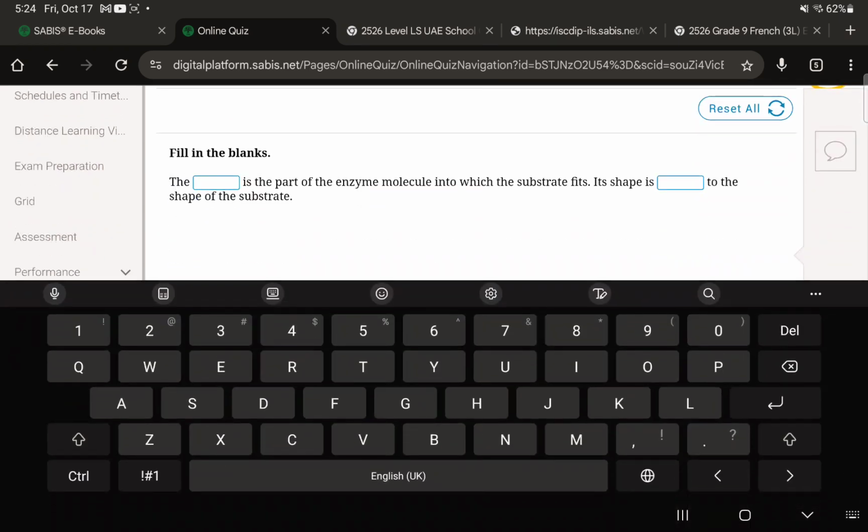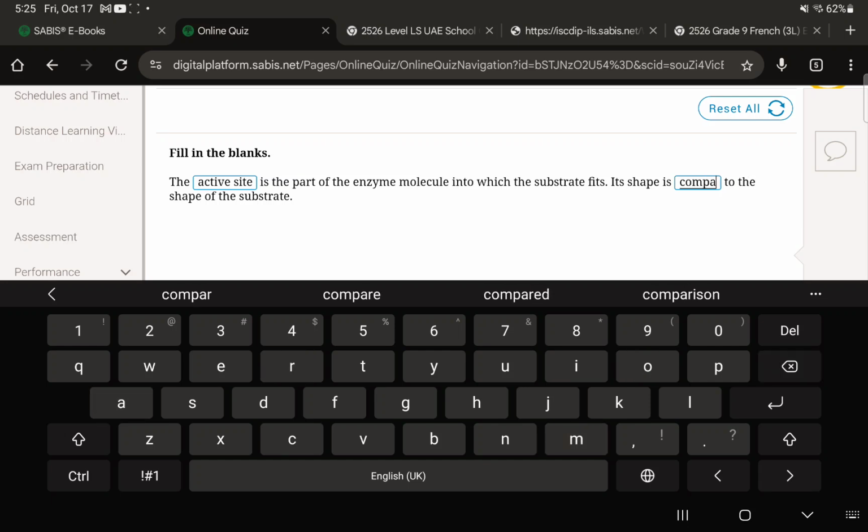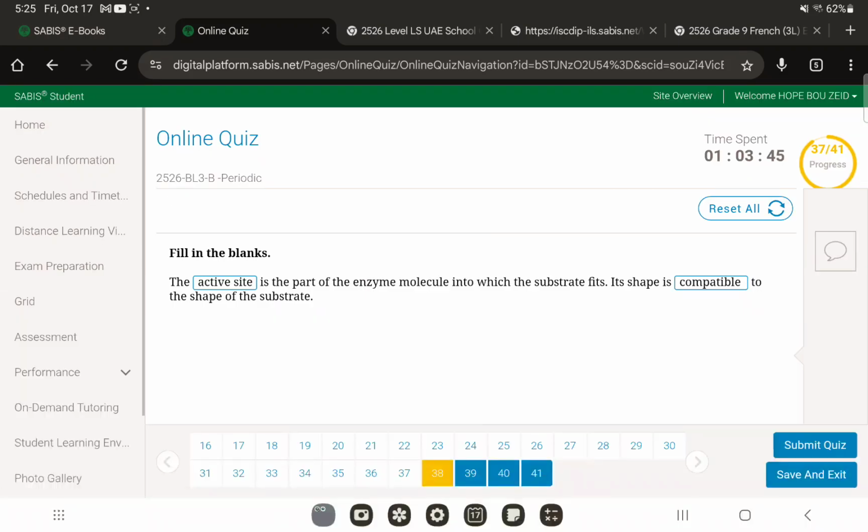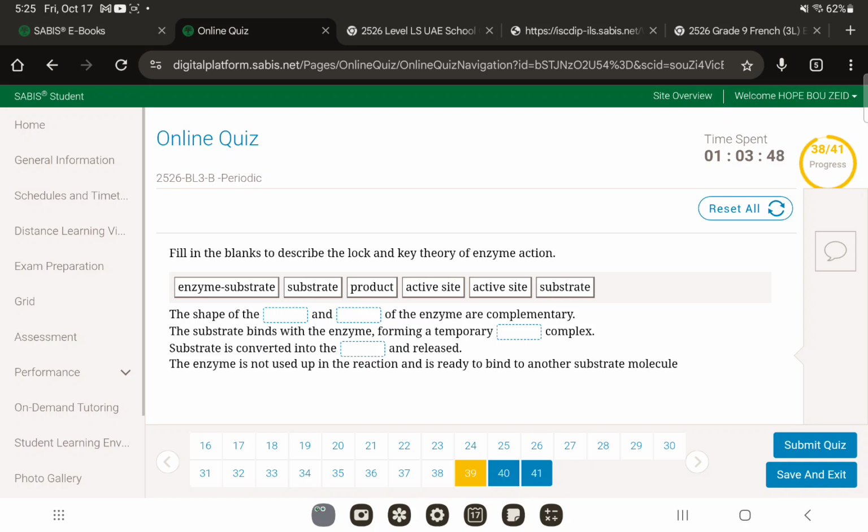The blank is the part of the enzyme molecule into which the substrate fits. Active site. Its shape is compatible, oh sorry, compatible, the shape of the blank and blank of the enzyme are complementary, of the substrate and active site of the enzyme are complementary.